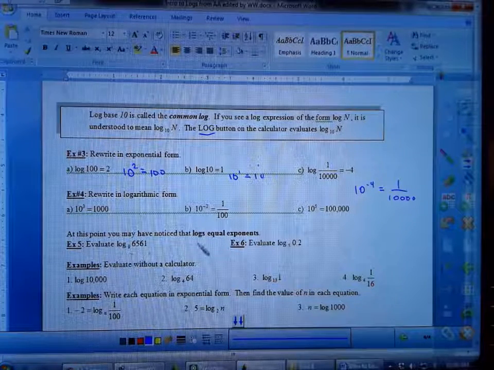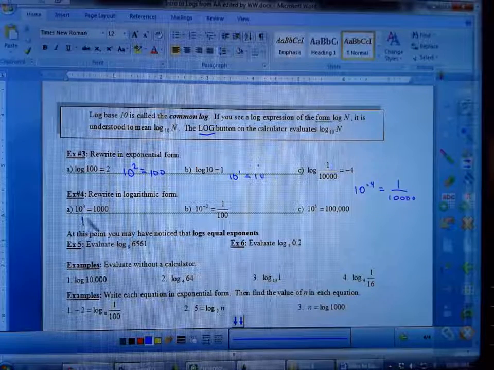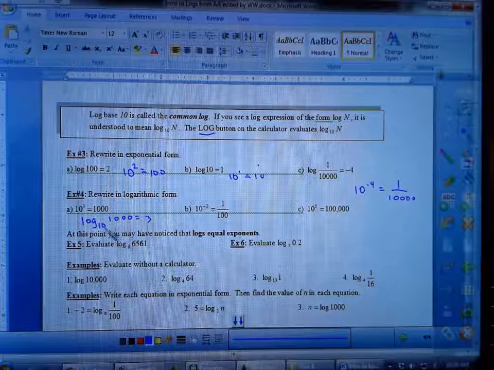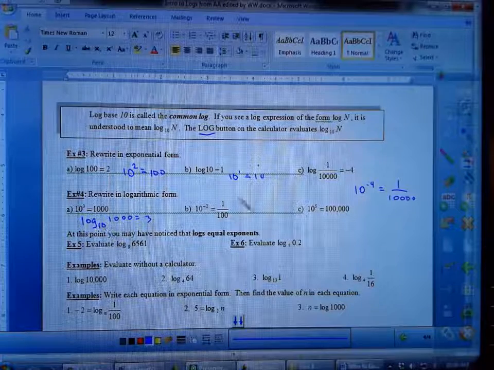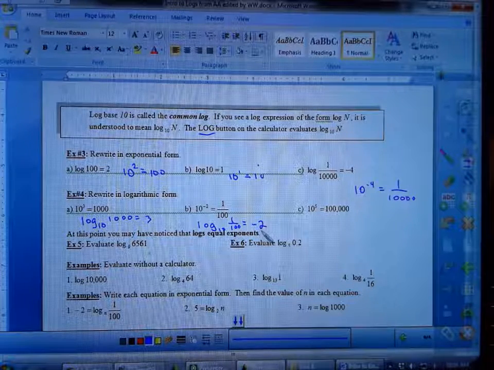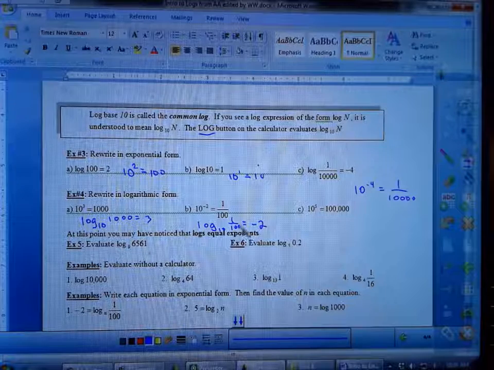Okay. At this point, you may have noticed. Wait, I'm sorry, I skipped this section. So this is going to be log base 10 of 1,000 is equal to 3. And technically, I don't need the 10. I'm going to keep using it for now until you get used to it. Log base 10 of 1 over 100 is equal to negative 2, because 10 to the negative 2 is 1 over 10 squared.